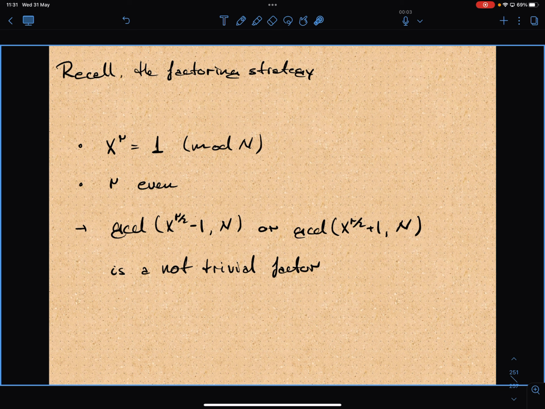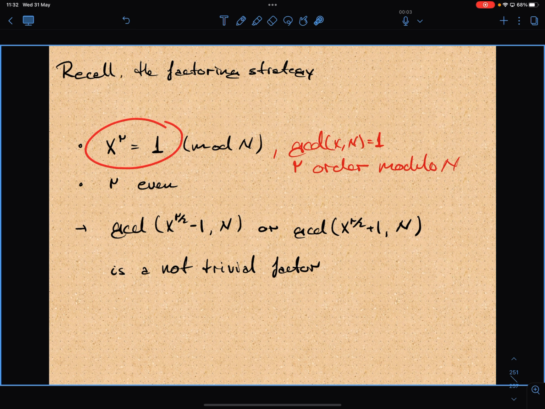All right, so now I want to start making way towards the factoring strategy. So in here, the idea was that we were going to take an x whose GCD with n is equal to 1, and r is the order of x modulo n.